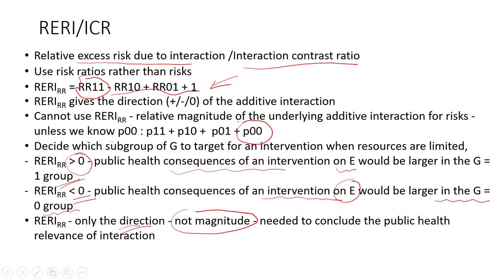So don't look at the magnitude of RARI, only whether it's positive or negative, and then decide, okay, you are able to intervene on one exposure. So which is the group you should focus on? The group which has the other exposure or does not have the other exposure. This decision is what this kind of additive interaction helps us with. Are you with me?